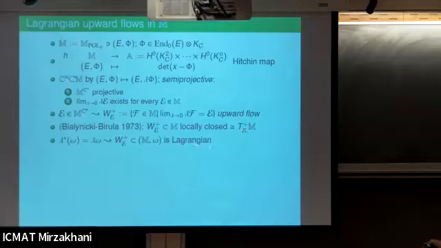So we have these Lagrangians, and now because of the semi-projective property, we have a very nice decomposition of our variety into these Lagrangian cells, which we understand as C-star varieties.